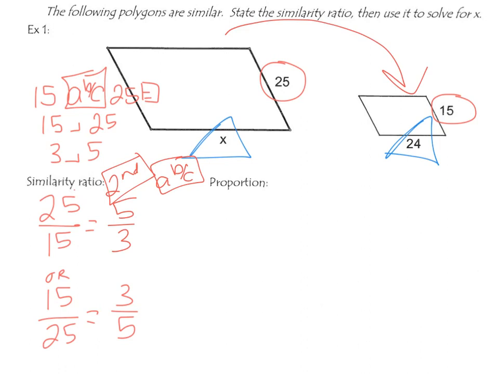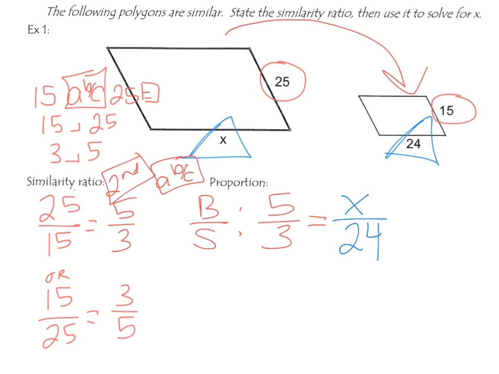So if I'm going from the shape on the left to the right, that means I'm doing the big figure over the small figure. For this one, I have 5 over 3, big shape to little shape, and it's going to be equal to x over 24. If you make the 24 on top and the x on the bottom, you're going to get the incorrect answer. So you have to be really careful with that.